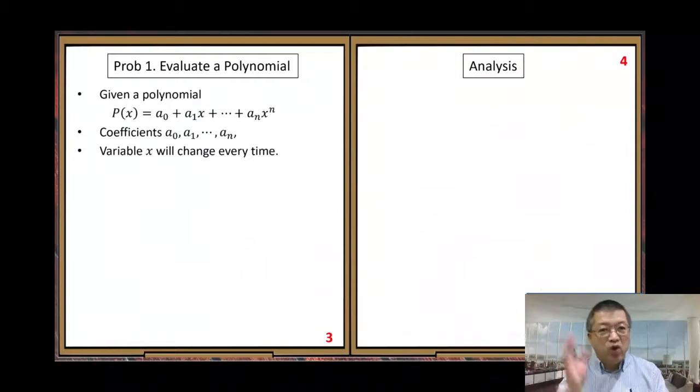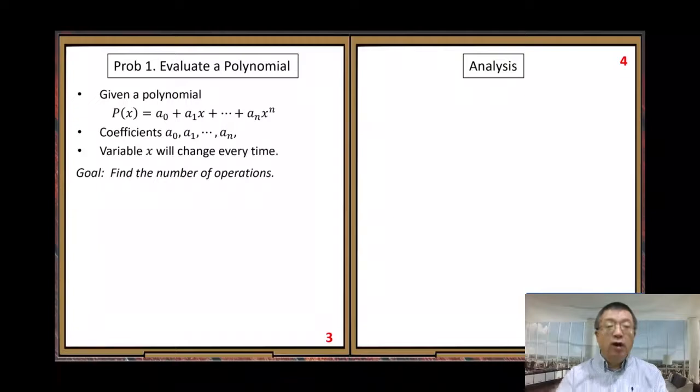Although in this video we may not be able to complete that analysis, we will do a significant amount of work toward that goal. The goal: find the number of operations.